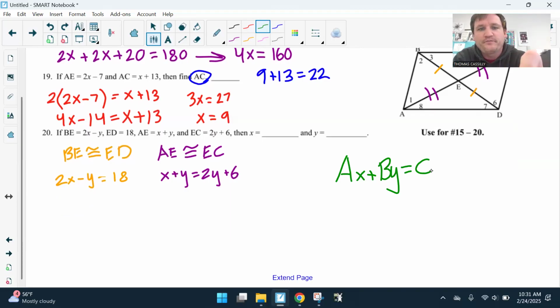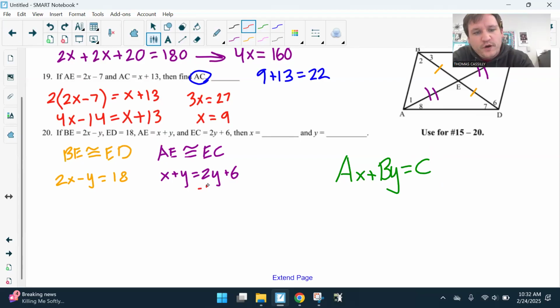If you notice, x and y are on the same side of the equation, and then c is just some number without a letter by itself. If you look at this first equation here, x and y are on the same side, so that one's ready to go. But if you look at the purple equation, I got y's on both sides. So we sometimes need to manipulate these equations to get it into that standard form.